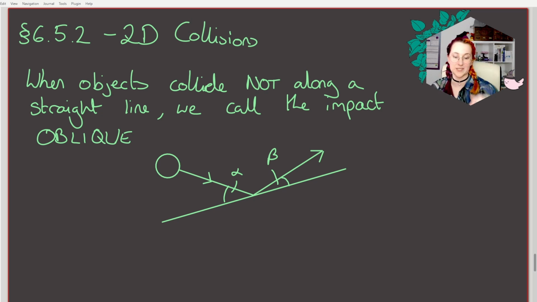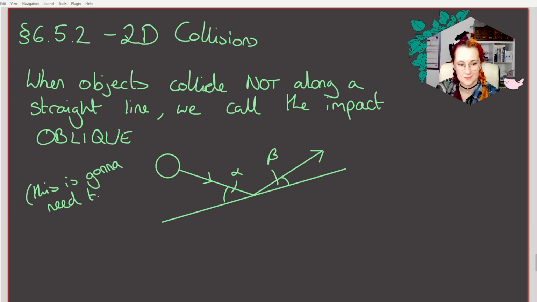It's not fully perpendicular. And surprise to no one, this is going to need trig. Basically, if you want to exist in the world, you probably need to know Pythagoras' theorem. If you want to describe anything, it's probably Pythag.